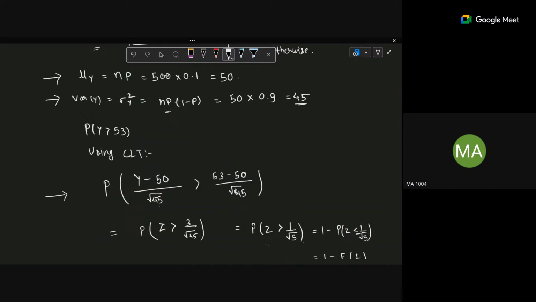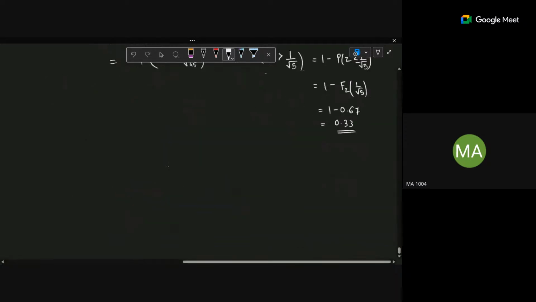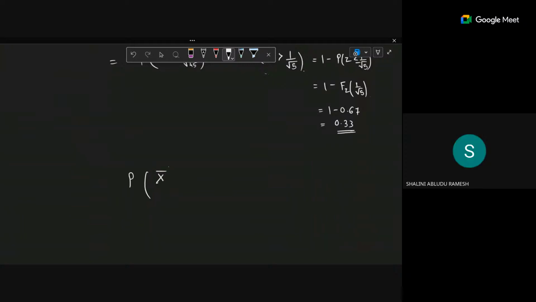Or you can do the same thing in this form. Instead of Y, I should write X bar? It's not a sample, it's a sum of random variables. So just be clear that this is a sum of random variables.